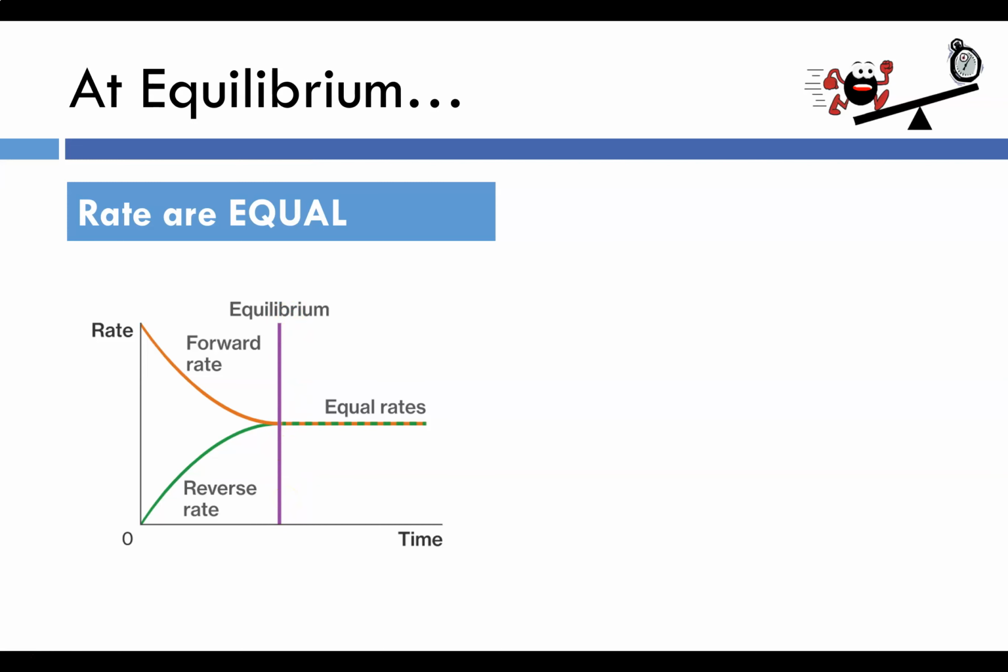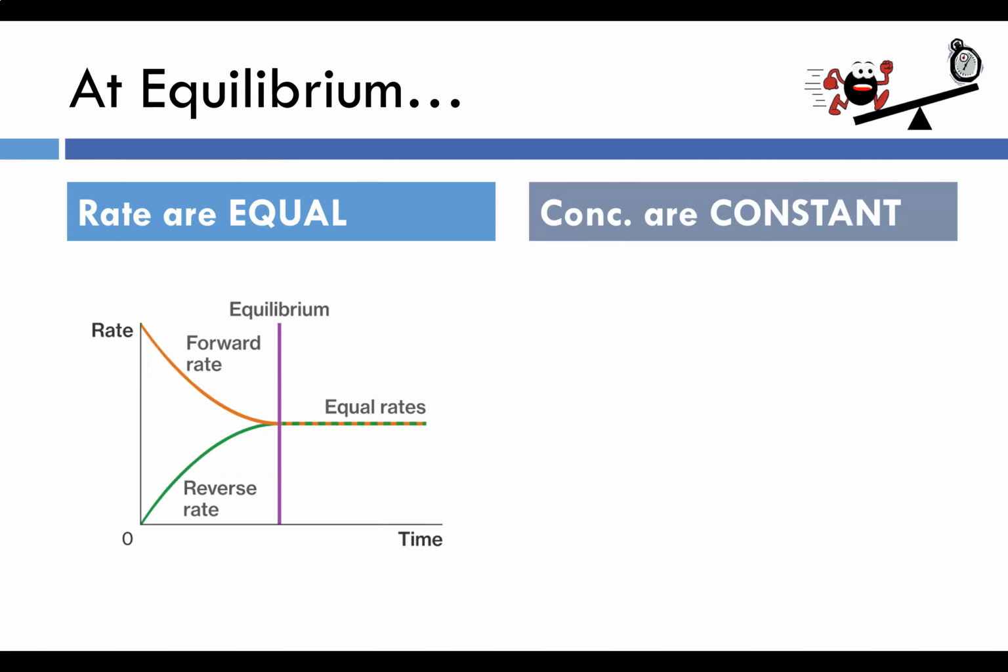You can also think about equilibrium in terms of the concentration of your reactants and products. At equilibrium, concentrations are constant. A really common mistake that I see is people think that concentrations are equal. No, they do not have to be equal. They just have to be constant. They can't be changing. It's possible to have more products or more reactants at equilibrium, but they cannot change in relation to one another.